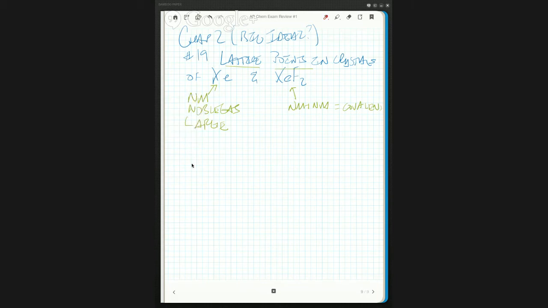I'll make it a little red just for fun, though I cannot draw to save my life. Let's just make them really small. They could be something like this. Or in the case of xenon difluoride, I think it's kind of linear, but it might be a zigzag type of situation.